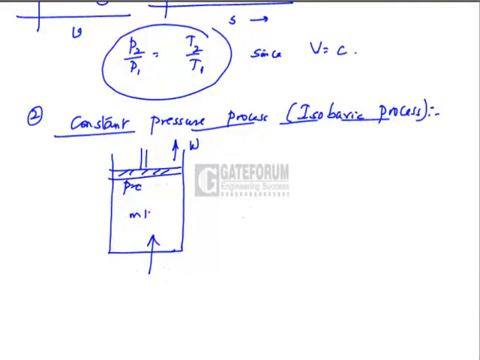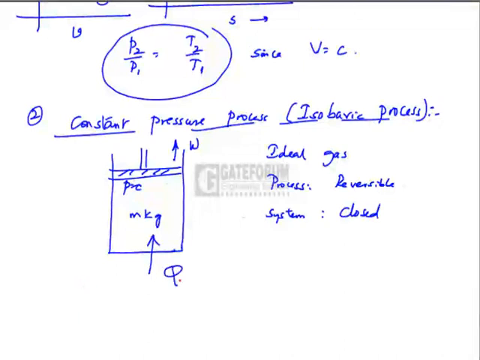Let m be the mass of the gas. Here also the assumptions are working fluid is ideal gas, process is assumed as reversible or quasi-static, and system is closed system.